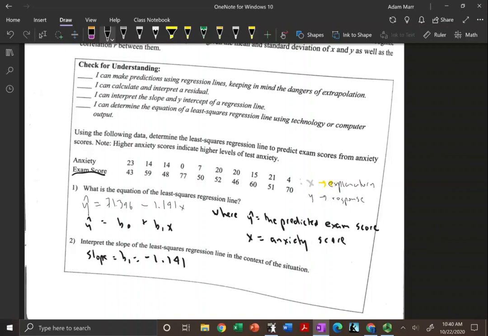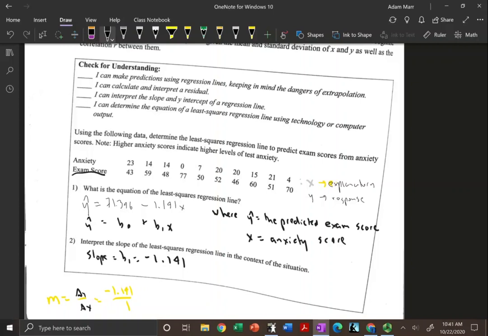If you ever forget how to interpret the slope, think of the classic: your slope is just your rise over your run. In my case, it is negative 1.141 over 1. More specifically, rise over run is your change in y over your change in x.